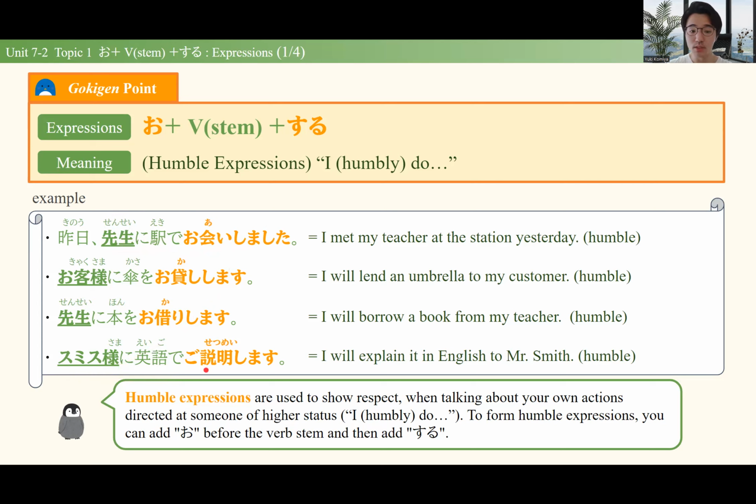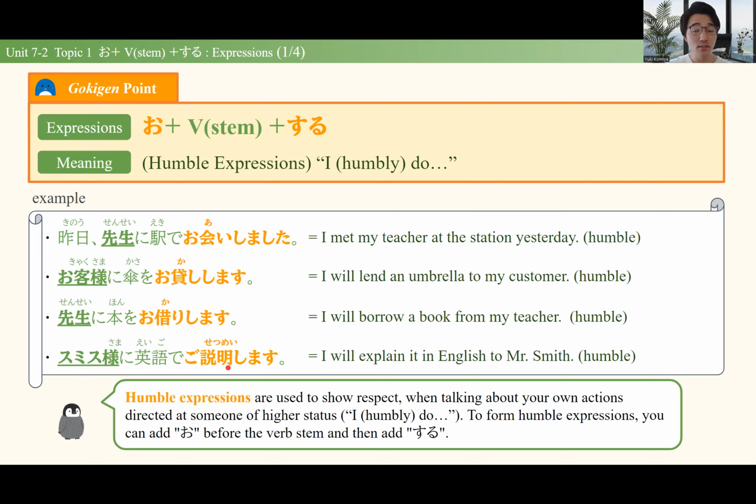Finally, this one is a little irregular. Look at this. This is ご説明します. It's not お, it's ご説明します。スミス様に英語でご説明します. I'll humbly explain it to you in English, Mr. Smith. So probably Smith-sama is somebody like a customer who doesn't speak Japanese. So, humbly explain it to you, Mr. Smith, in English.